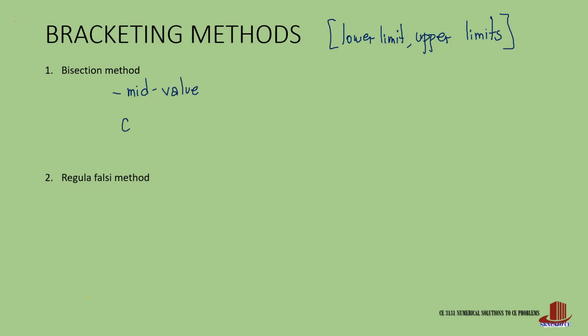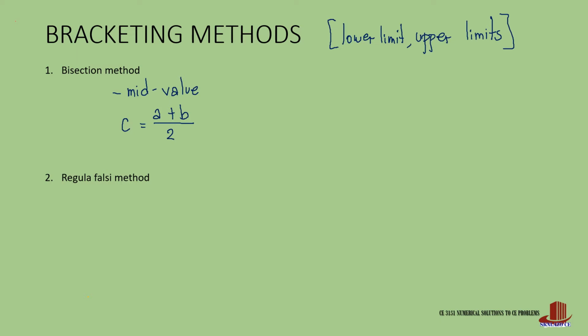Say that would be c, and lower and upper limits would be a and b. Take the average to have the mid-value, and that would be for the succeeding values of x in the other iterations. Note that in bisection method, this would be regardless of the inclination of the slope.